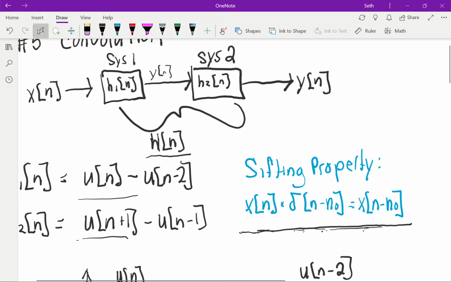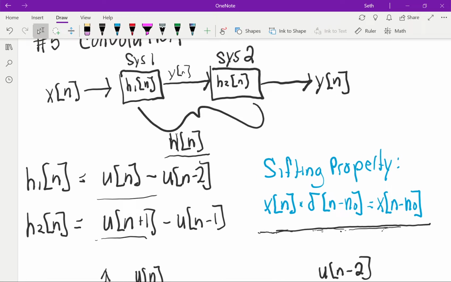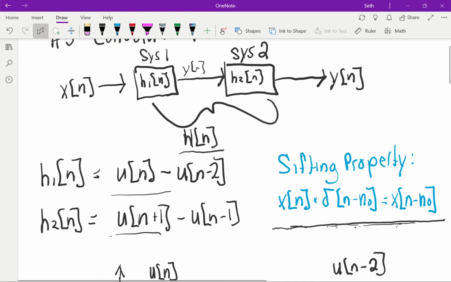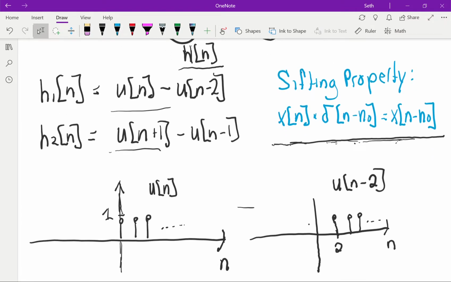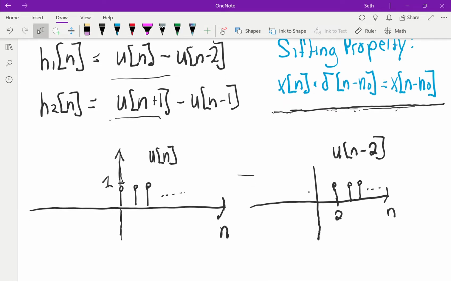That makes sense because a discrete time function is just a series of disconnected dots. So, of course, we can represent that as a delta. So let's transfer these functions into deltas.